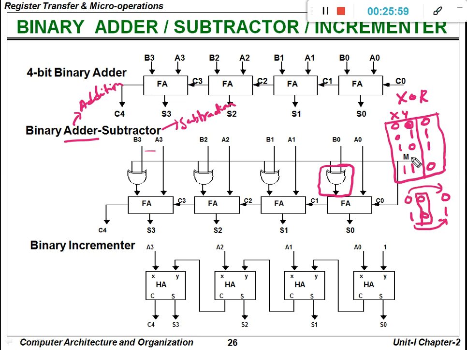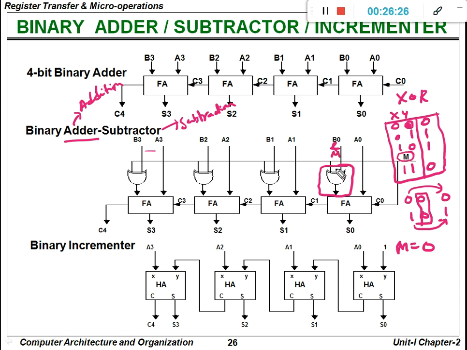So for addition, we will make this m value 0. Whenever we make m as 0, the exclusive OR operation is performed between B0 and m.